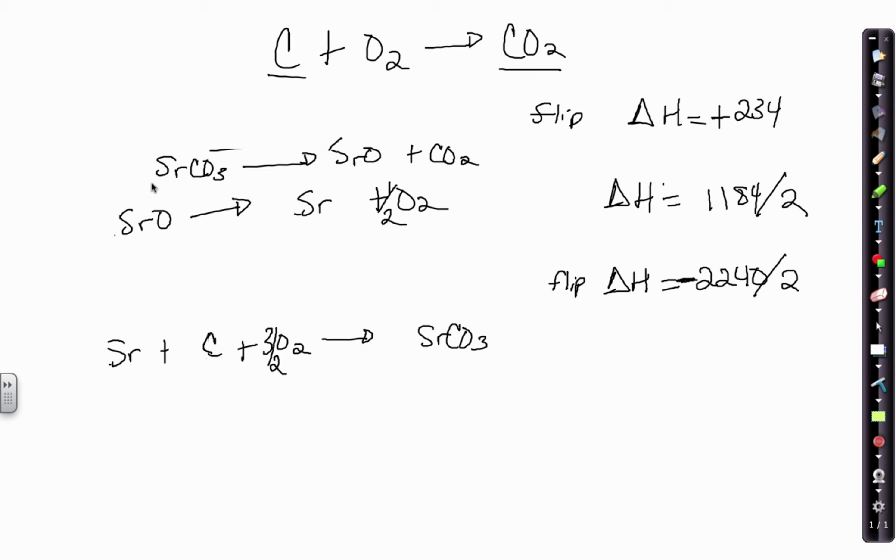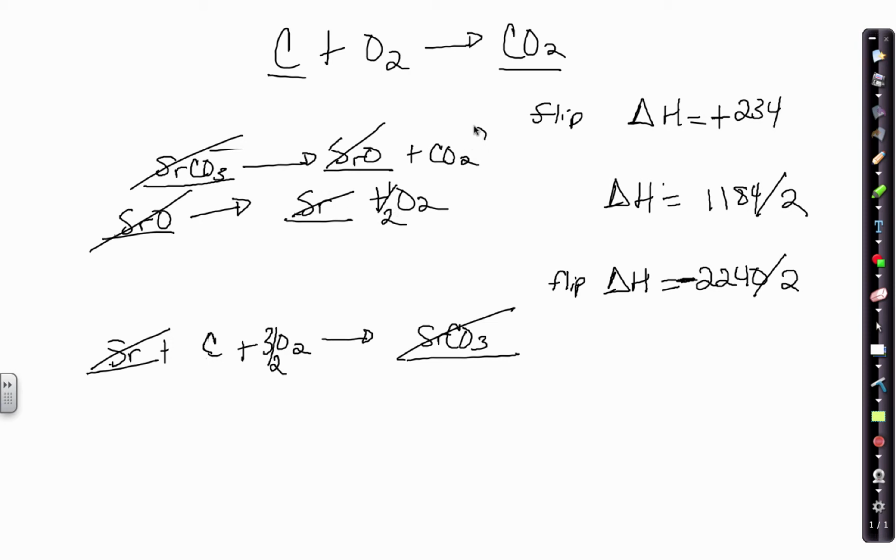All right, so strontium carbonate, well, it's on reactant side and product side, so that's going to go away. SrO, strontium oxide, well, product, reactant, it'll go away. And then strontium is a product here, reactant here, that'll go away.